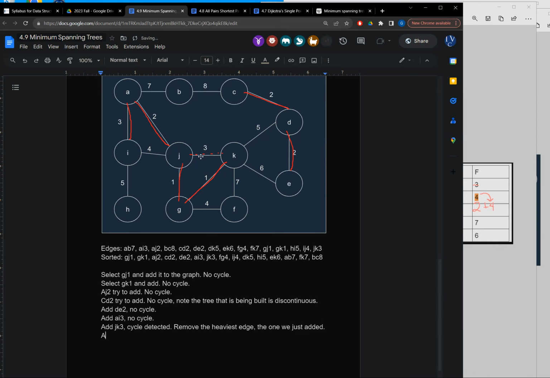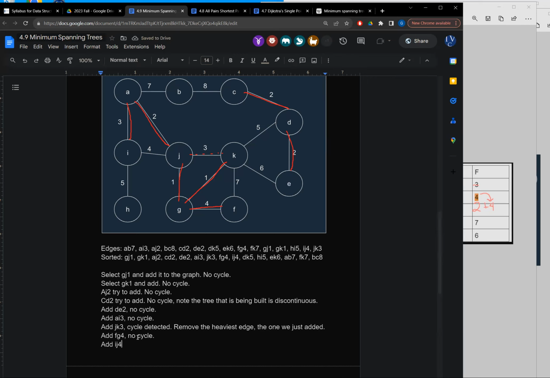All right, add FG4. Where are F and G? All right, so F is not in the graph yet, so that will not create a cycle. It's in the tree. And IJ4.